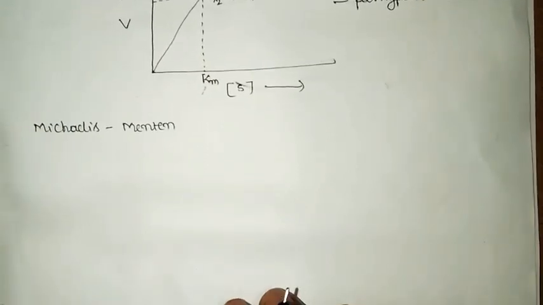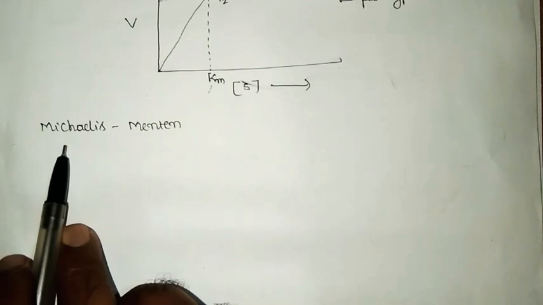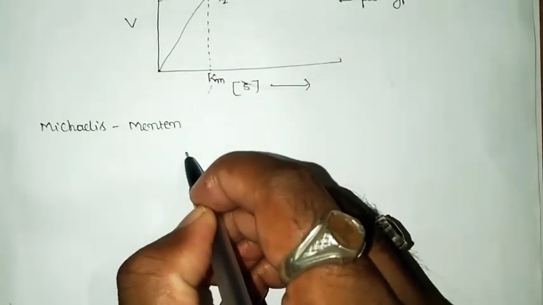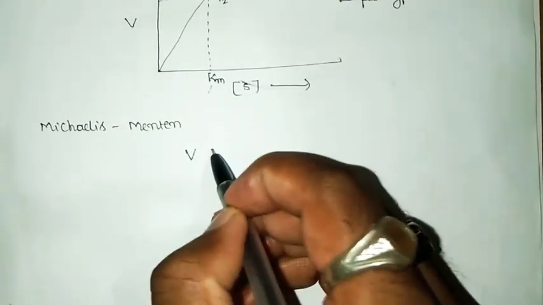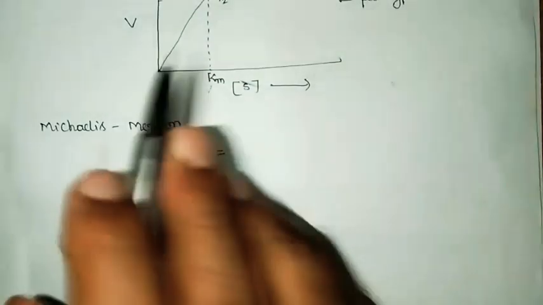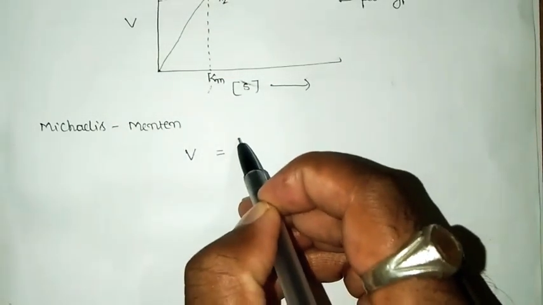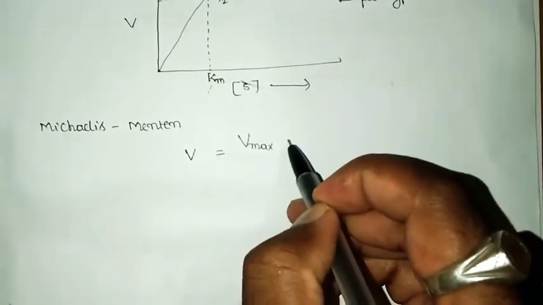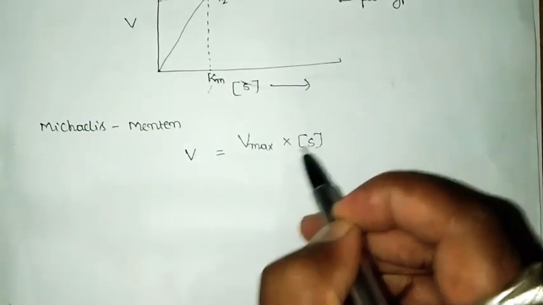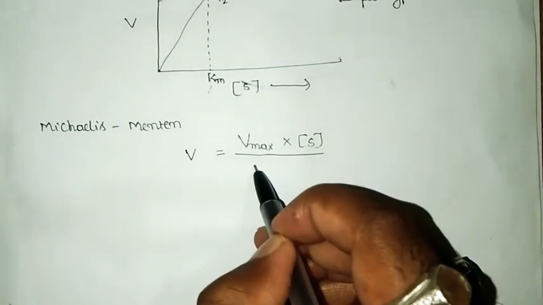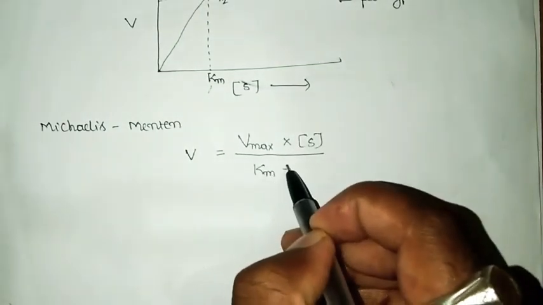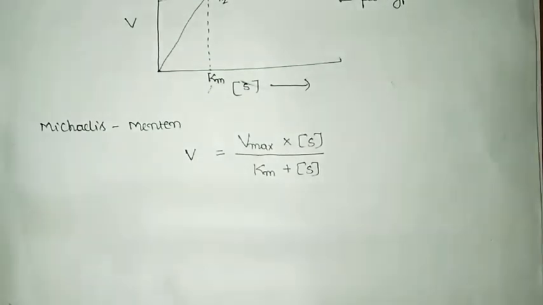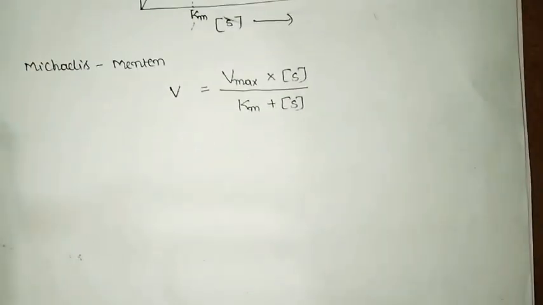The equation proposed by Michaelis and Menten is: the velocity of the reaction v equals Vmax, that is the maximum velocity, into the substrate concentration S, whole divided by Km, a constant, plus substrate concentration S.